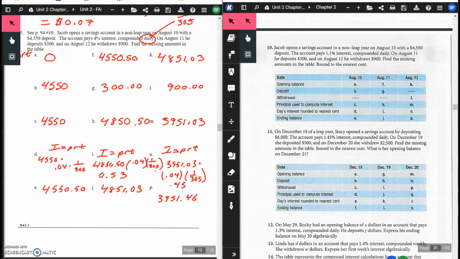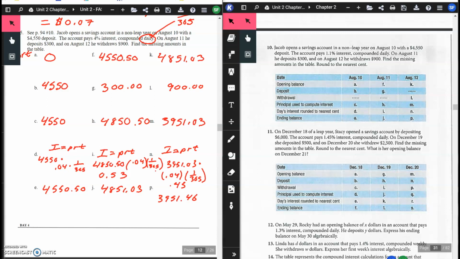Now on August 11th, the next day, he starts with 4550.50. Okay, he deposited $300, so you're going to add $300. He did not have a withdrawal. Okay, principal used to compound interest is 4850.50.